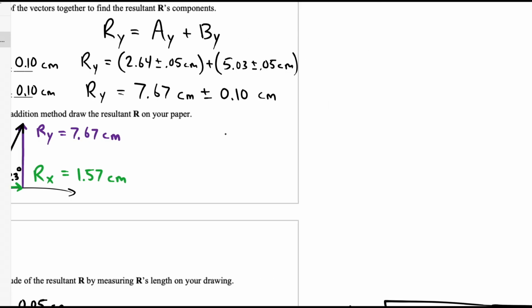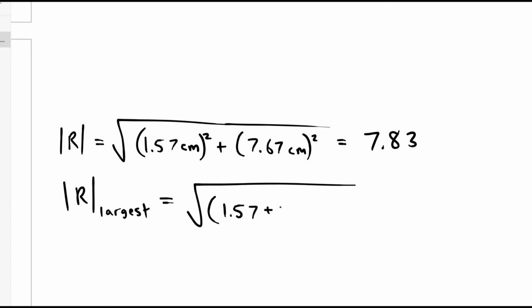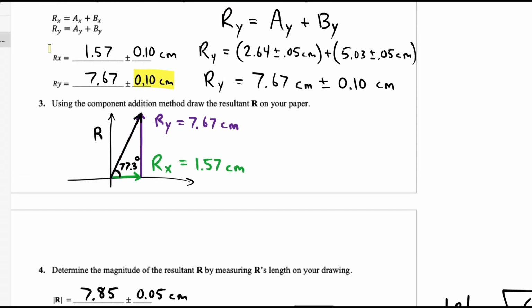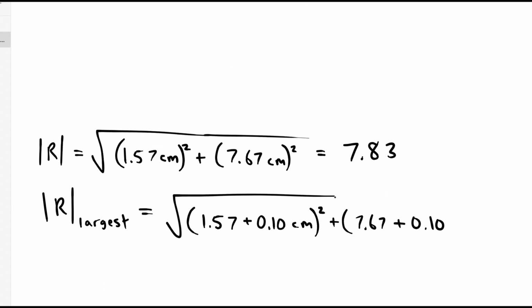So I'm just going to add the 0.1 to the x component, and then I'll add the uncertainty of 0.1 that I had here to the y component as well, finding the largest possible result for the magnitude.